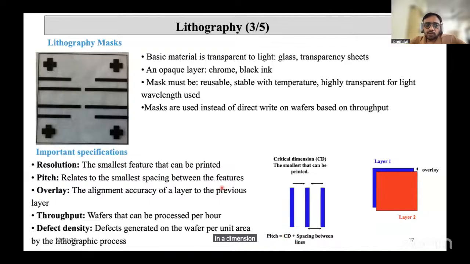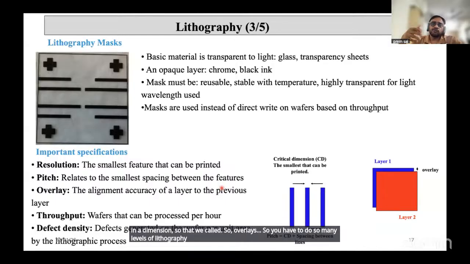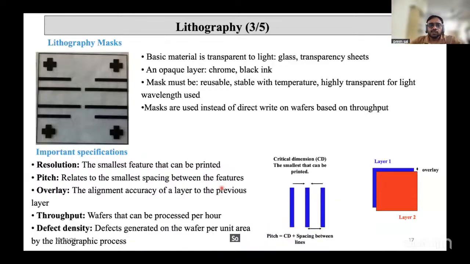So that we call pitch. Overlay is, so you have to do so many levels of lithography in order to make a functional MOSFET or a chip and all. So basically for that, similar masks have to be written multiple times. You have to align this mask with the next mask.